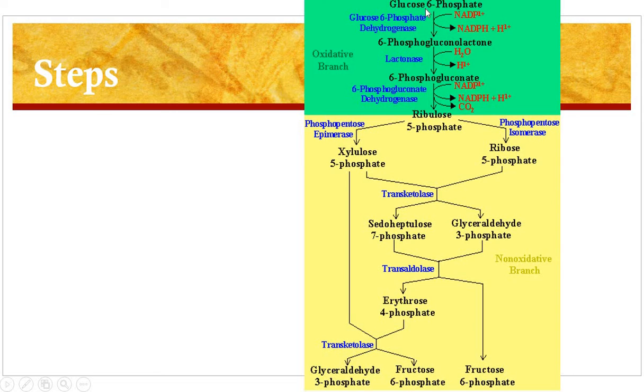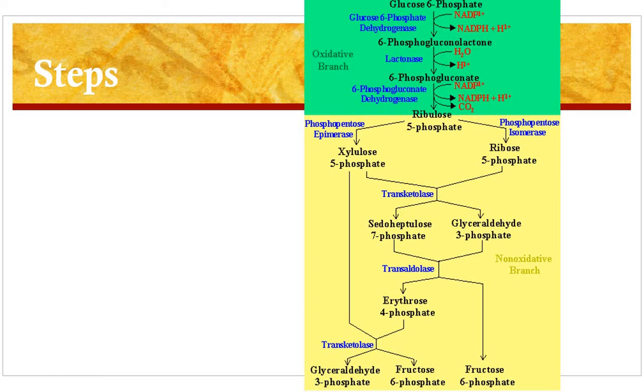In step number 1, glucose 6-phosphate is oxidized to produce 6-phosphogluconolactone in the presence of glucose 6-phosphate dehydrogenase, which is an NADP plus dependent enzyme, and this produces NADPH.